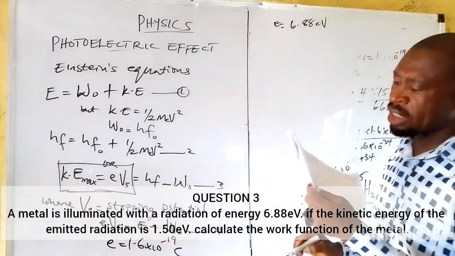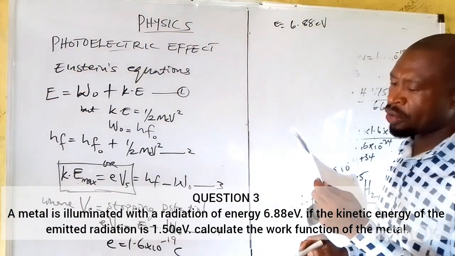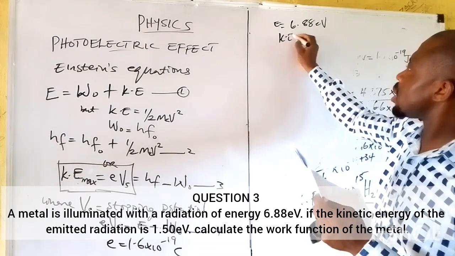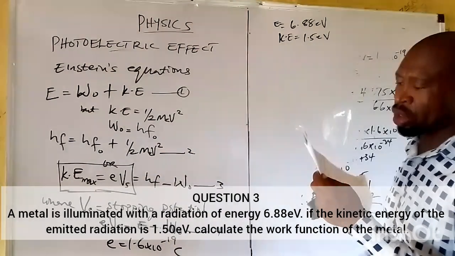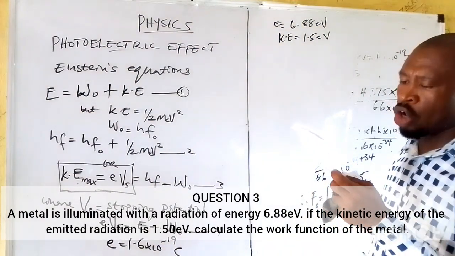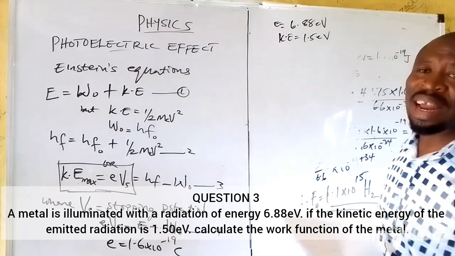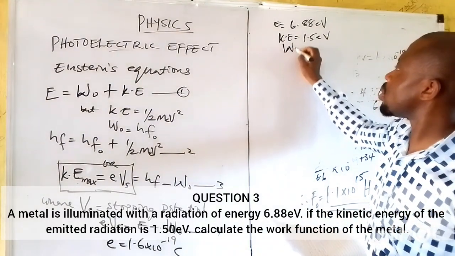If the kinetic energy of the emitted radiation is 1.5 electron volts, calculate the work function of the metal.